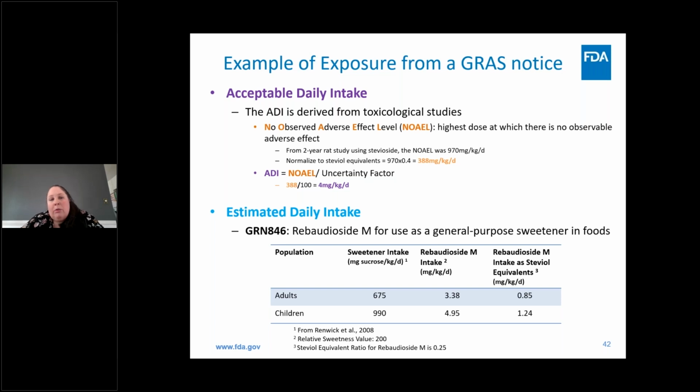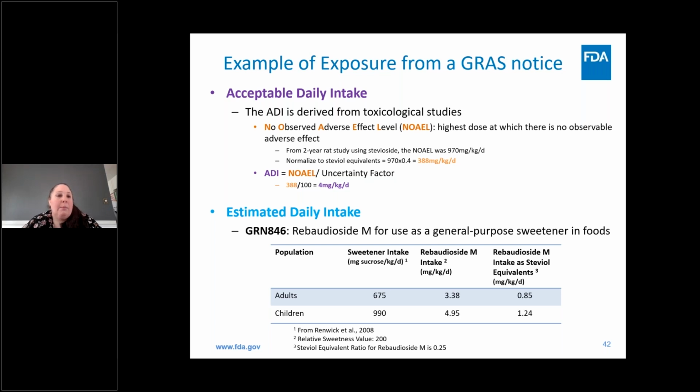Then for the next column, we would divide by the relative sweetness of rebaudioside M. Since rebaudioside M is 200 times as sweet as sucrose, we would need 200-fold less in an ingredient. So we would divide 675 by 200 to get a level of 3.38 milligrams per kilogram per day.